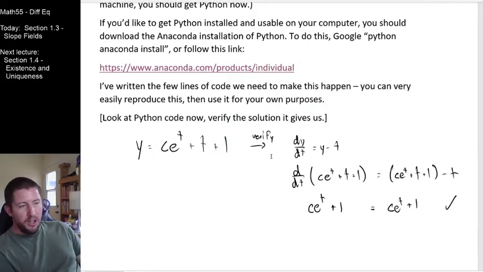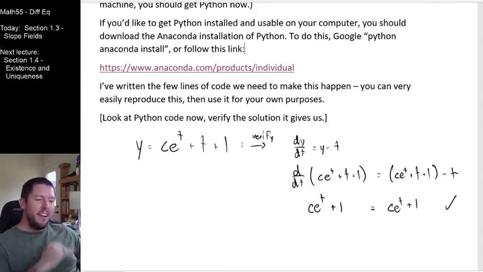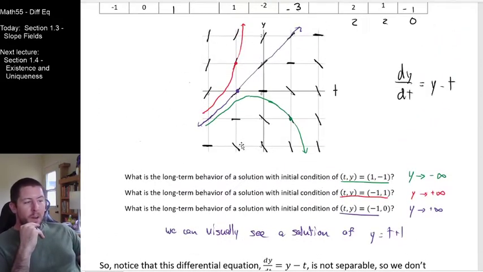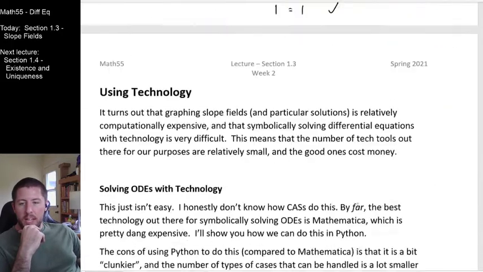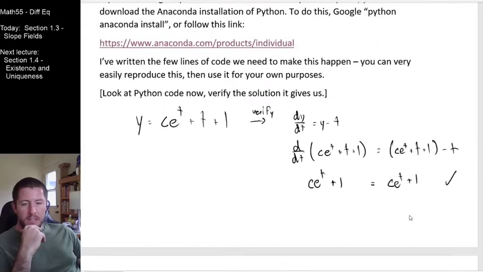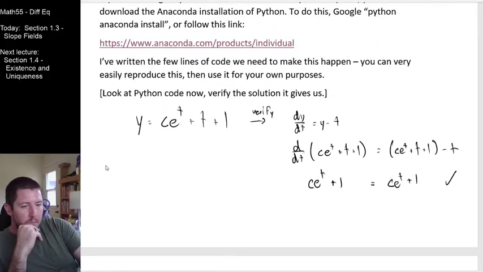The other thing I want to do just real quick, just to make sure that we see all this nice stuff coming together here, is that back here, we proposed this initial condition of -1, 0 when we arrived at what we believed to be this straight line solution that we thought we identified. So -1, 0. Let's apply that initial condition and solve for c. Initial condition -1, 0.